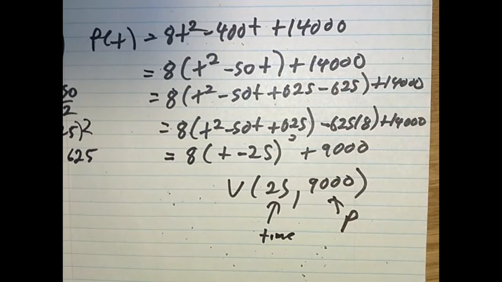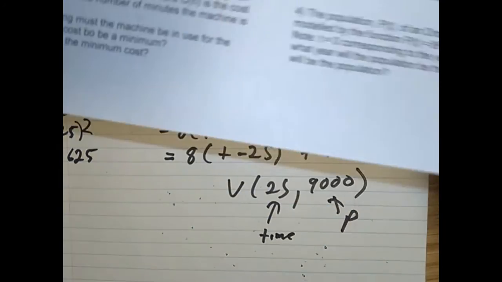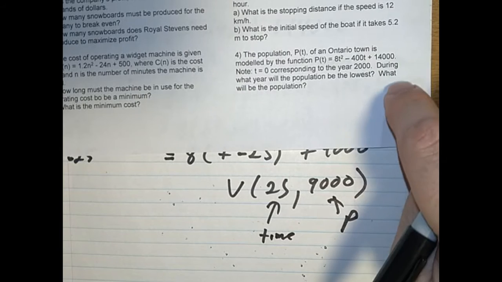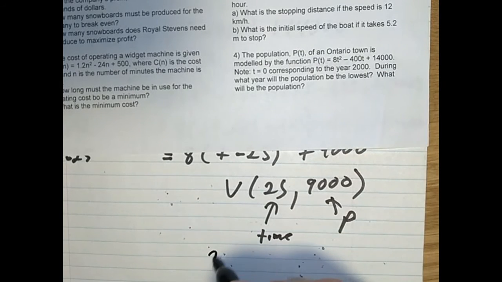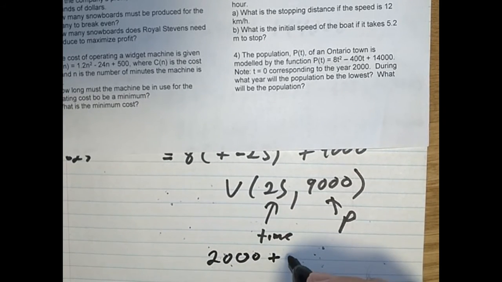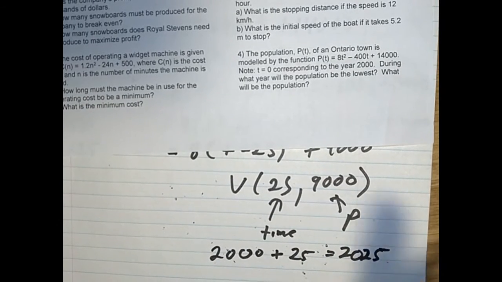So let's read the question. You can pause it if you want. During what year will the population be the lowest? It starts at 2000, so you go 2000 plus the 25. So in 2025 will be the lowest population, and that population will be 9,000.